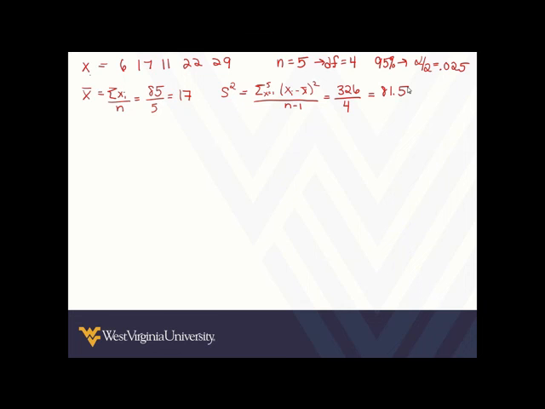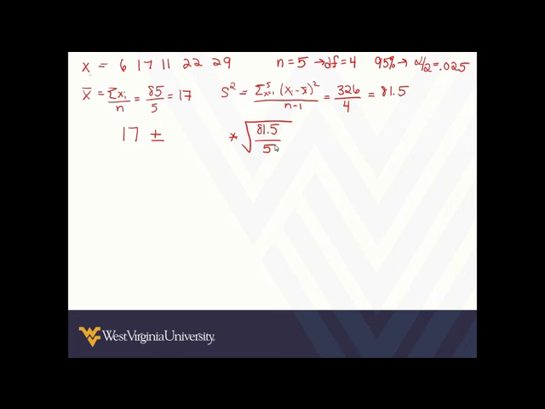So at this point, we have pretty much everything we need to set up our confidence interval. It will be 17 plus or minus our critical value, which we'll find in a minute, multiplied by the square root of 81.5 divided by 5. Let's take a moment and find our critical value.